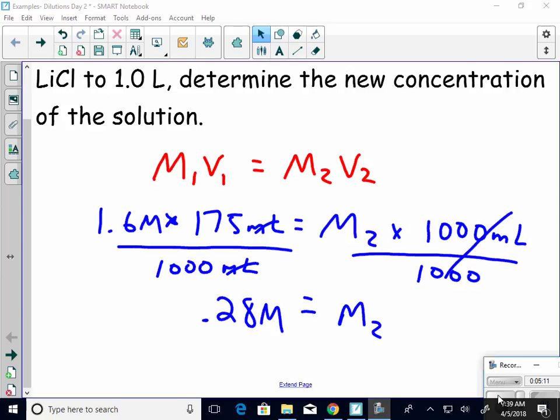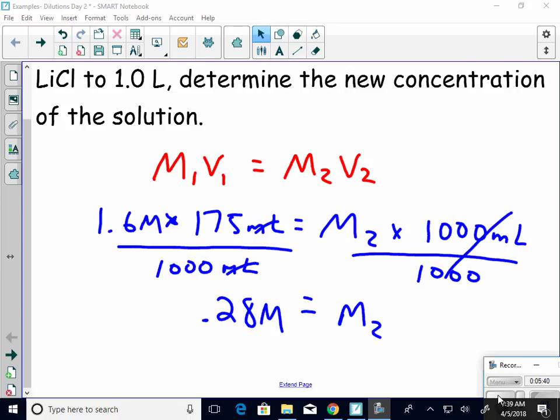Once again, here's the question. If I'm diluting something, should my molarity be increasing? My M2 should be going down. So if I am diluting something and I came up with an answer like I just did there of 2.8, I should be sitting there saying, wait a second, something is wrong.